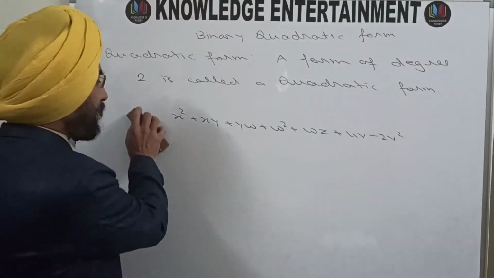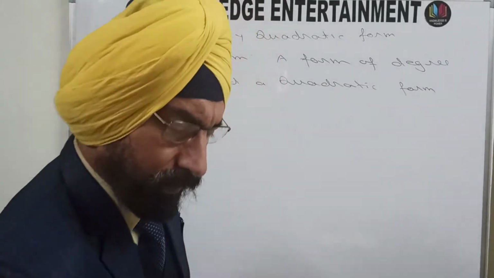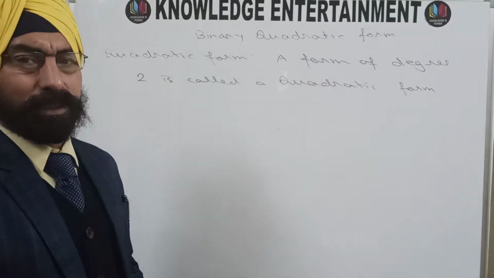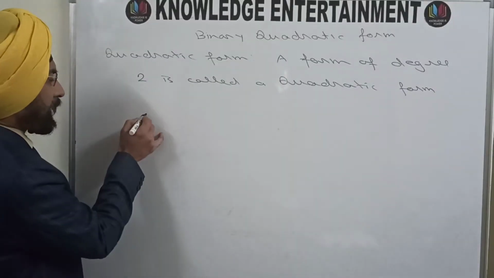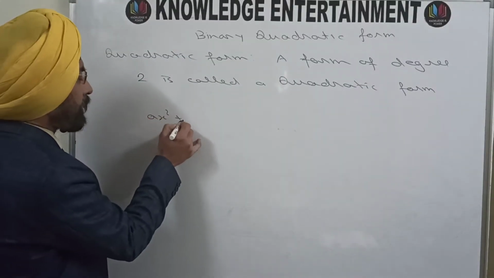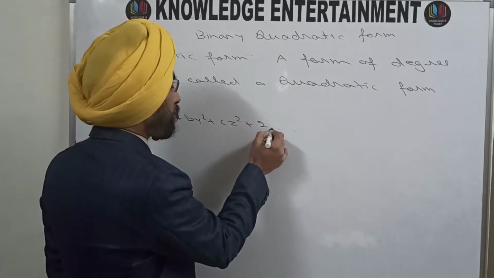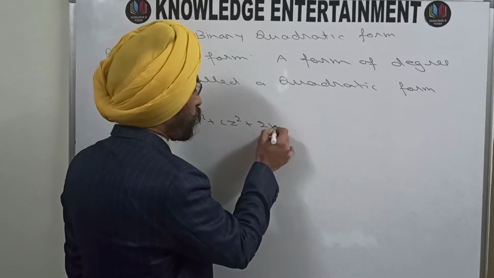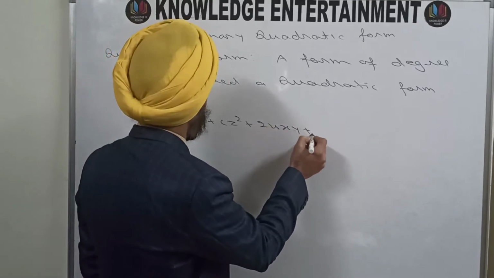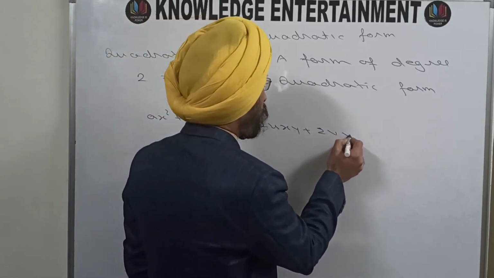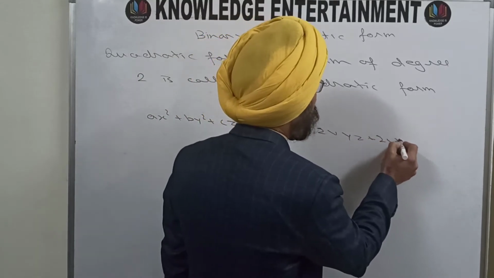In general, a quadratic form with 3 variables is of the type ax square plus by square plus cz square plus 2uxy plus 2vyz plus 2wzx.